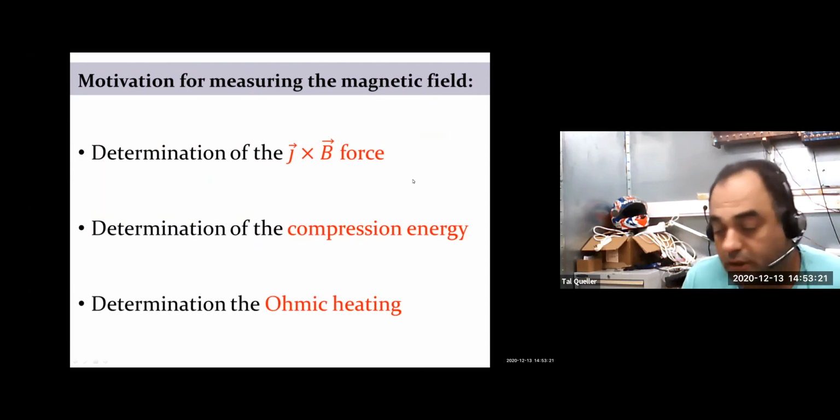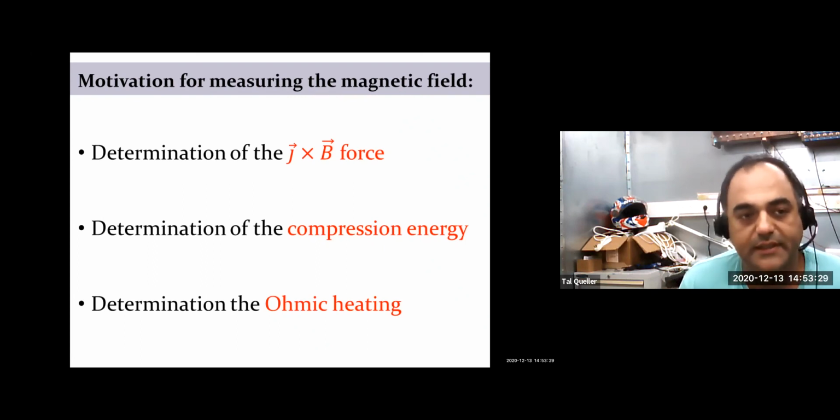Okay, so why do we want to measure the magnetic field? We have a lot of motivations, but the main ones are, first, that it is the main driving force of the implosion, obviously, the J cross B force.